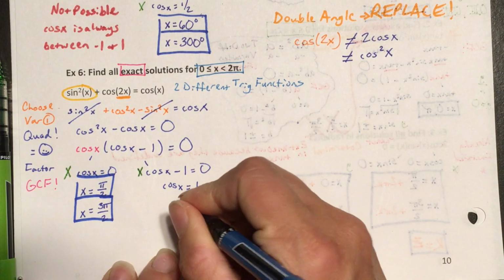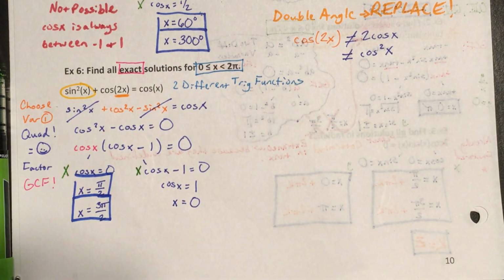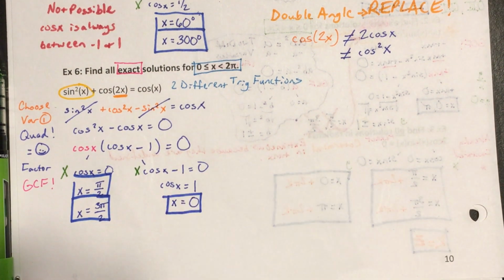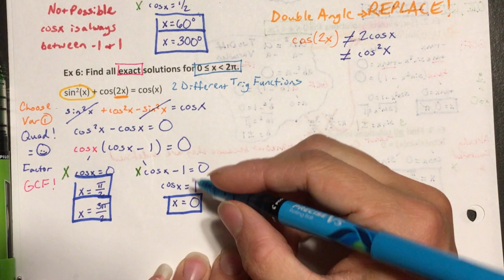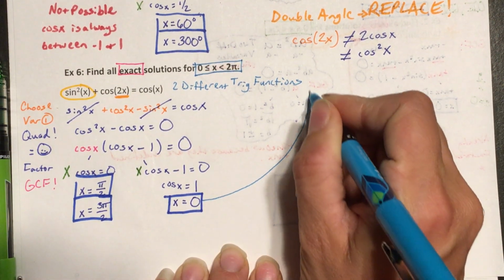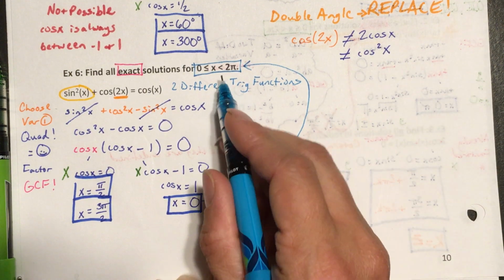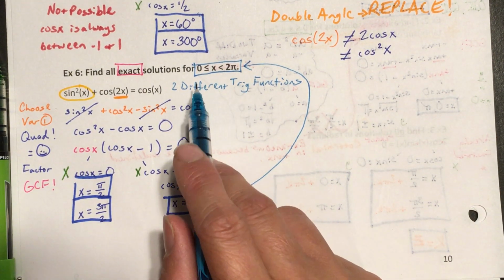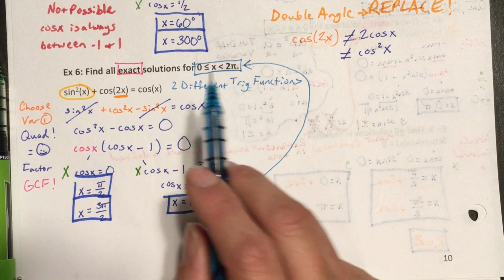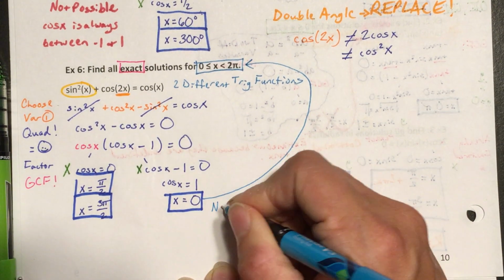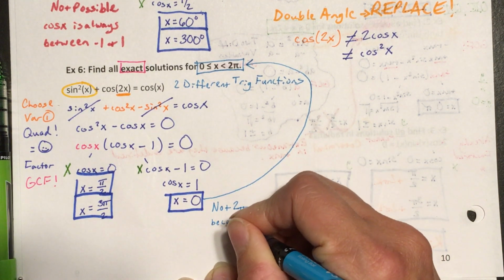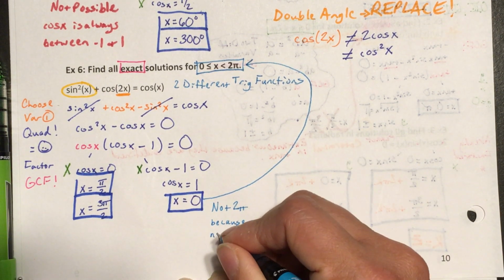But for this problem, I'm only going to be putting 0 and not 2 pi. Now, why is that? It's because of this interval. So if I go back to my original interval, this says that the angle has to be less than 2 pi, not less than or equal to 2 pi. So 2 pi is not included because it's not on the interval.